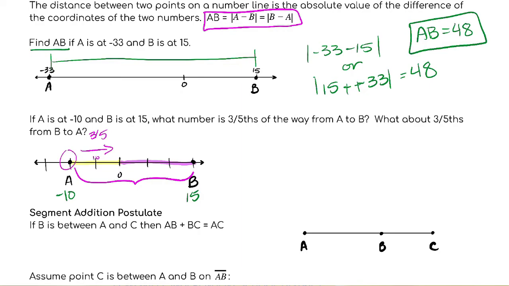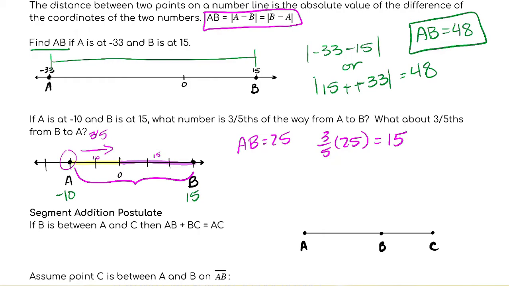So we've got 10 and we've got 15, and so the total distance is 25. We want to go 3/5 of that distance. So we want to figure out what 3/5 of 25 is. So if 1/5 of 25 would be 5, 3 of them would be 15.